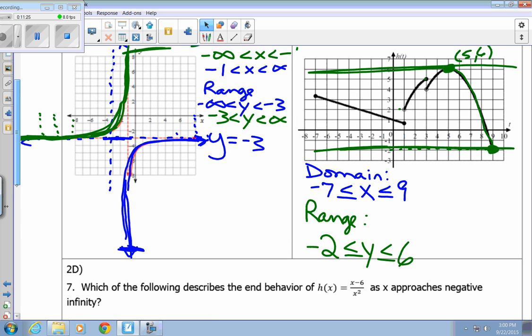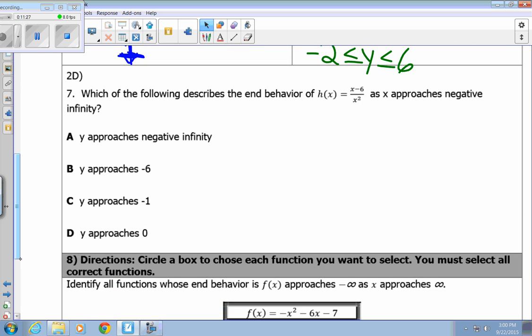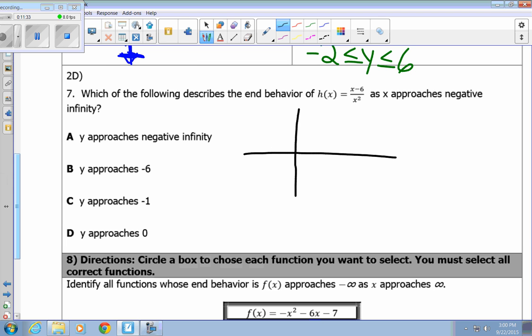To D. This is where in class I had you draw a picture. On the test I will give you the graph of each function. So here are your asymptotes. This asymptote is at x equals 6.